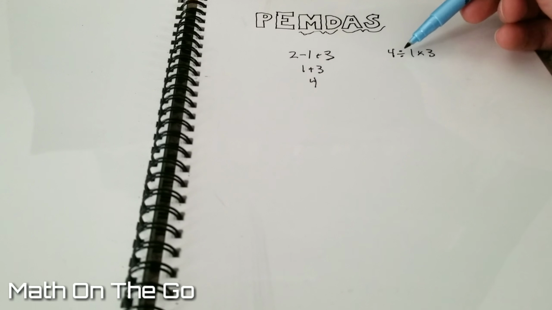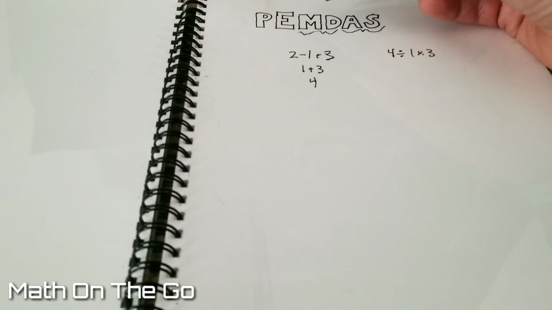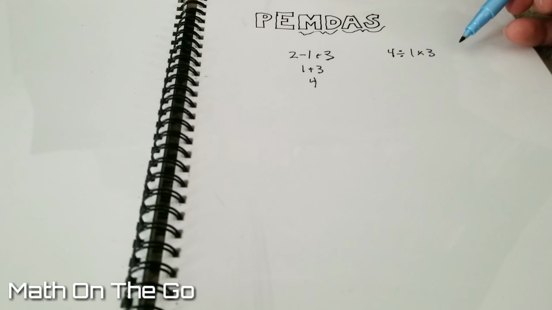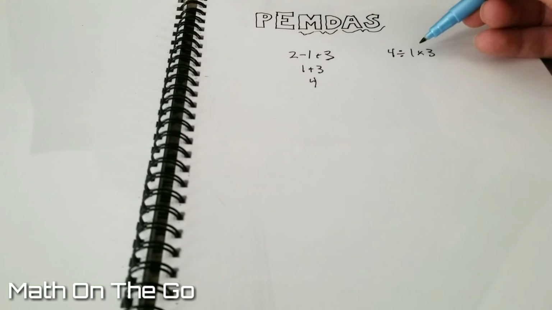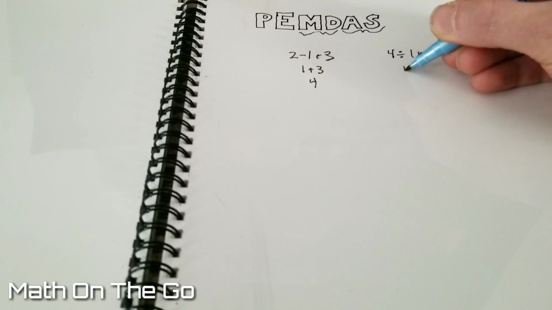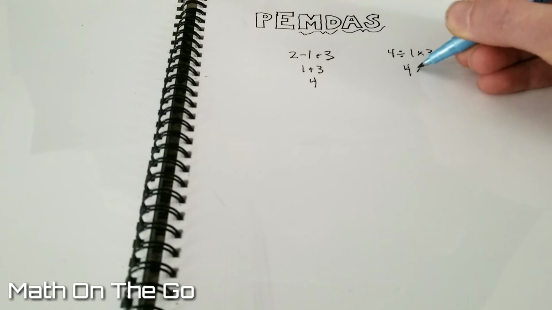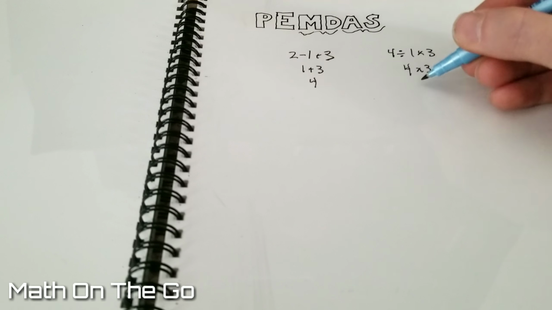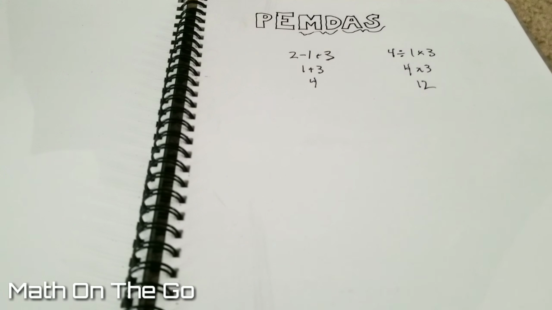But here we have division, then multiplication. So how do we do this? Well, again, they have the same level of importance, so we want to work left to right to solve this. So 4 divided by 1 is 4 times 3, and then that is 12.